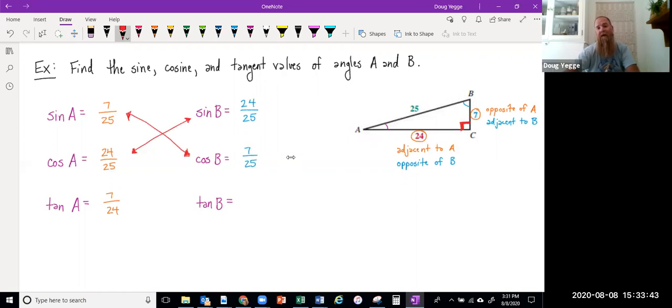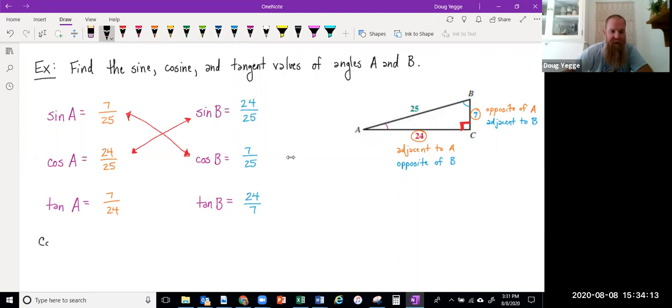So that must mean that their trigonometric values for sine and cosine are going to be equal for complementary values, and that's a rule we're going to see shortly. And finally, tangent of B is opposite over adjacent, where the opposite side is 24 now and the adjacent side is 7.